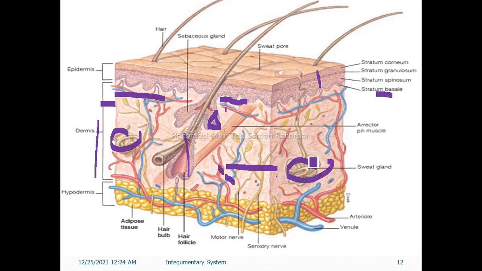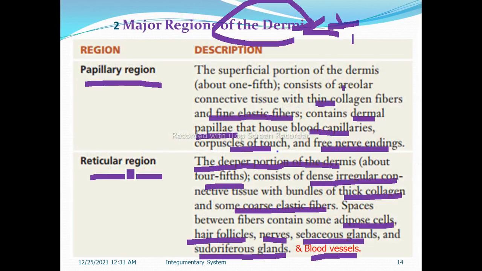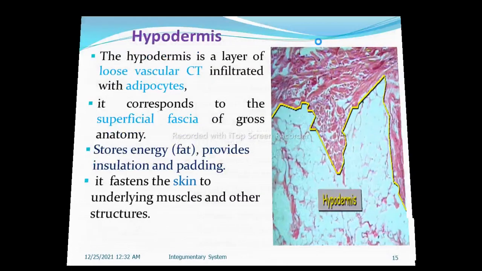This is also a sweat gland. These are all found in the reticular layer. The reticular layer is the vast layer, with a much wider diameter compared to the papillary region. The papillary region plus the reticular region make up the layers of the dermis.